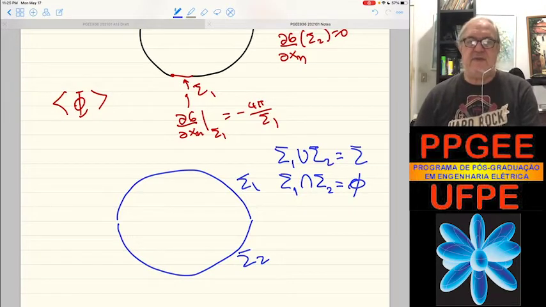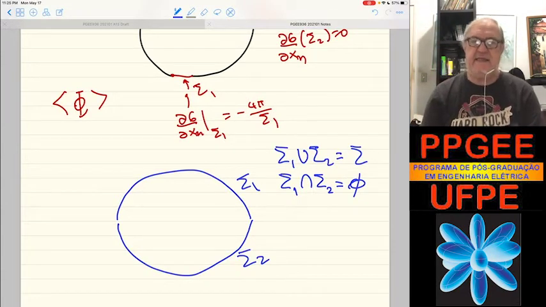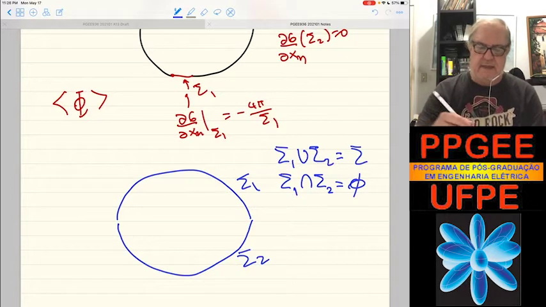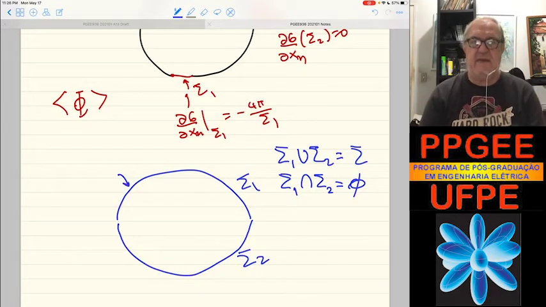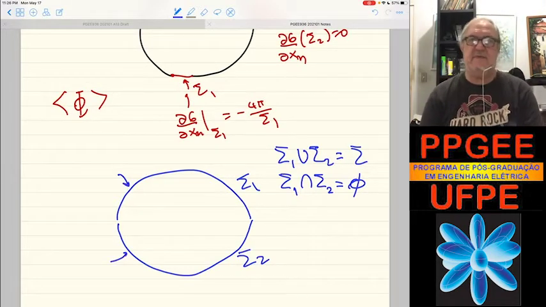So what we do is this. We assume that the equivalent problem is the potential is given at sigma 1, right? So the potential is given at sigma 1, and the normal derivative is given at sigma 2.